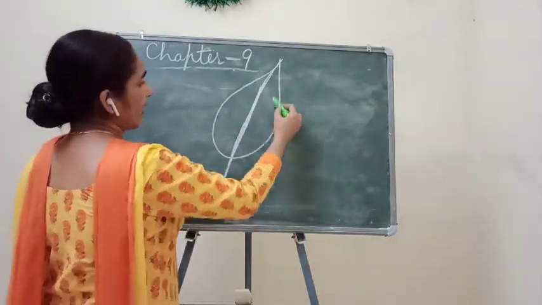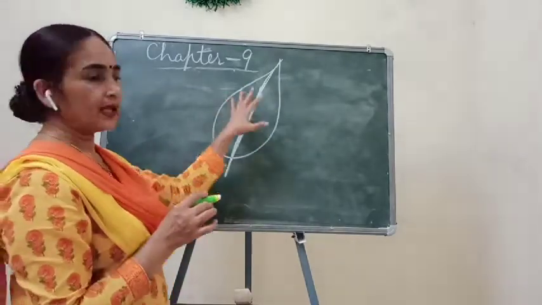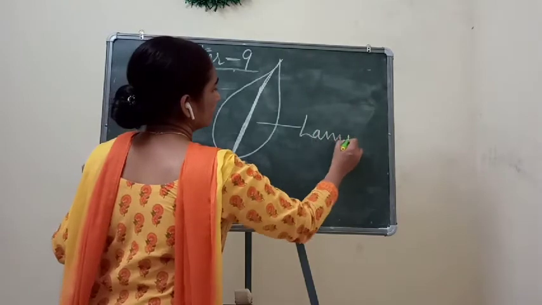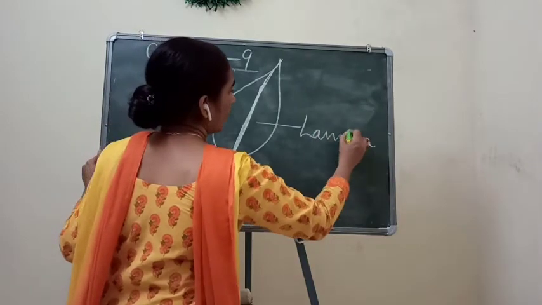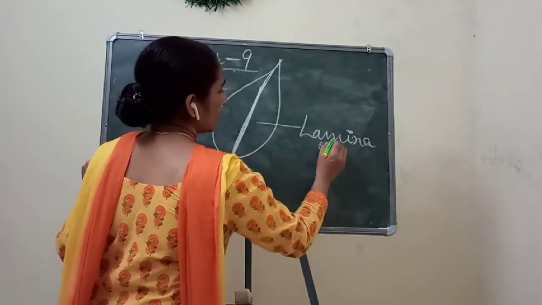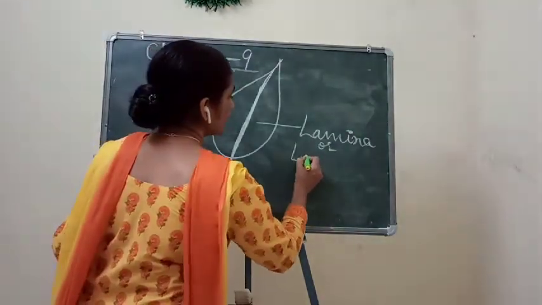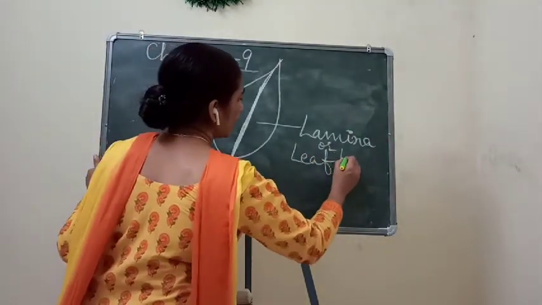This full flat part of the leaf is called lamina, or we can call it leaf blade.